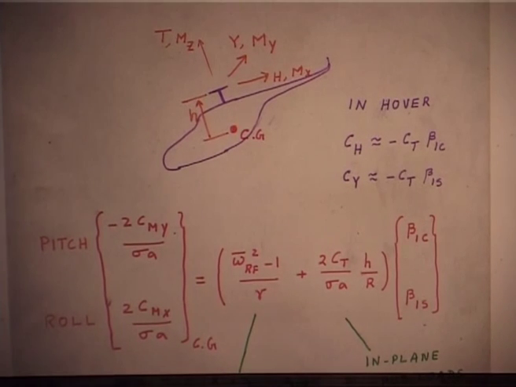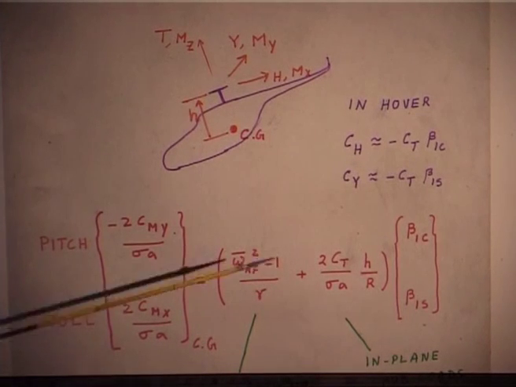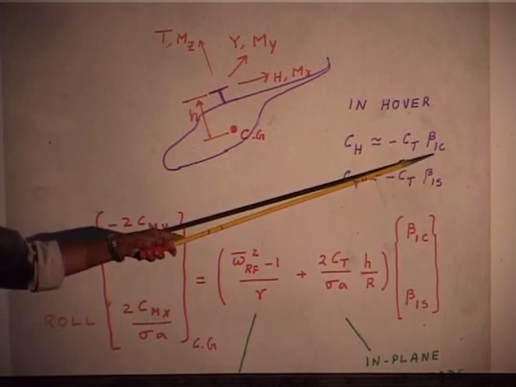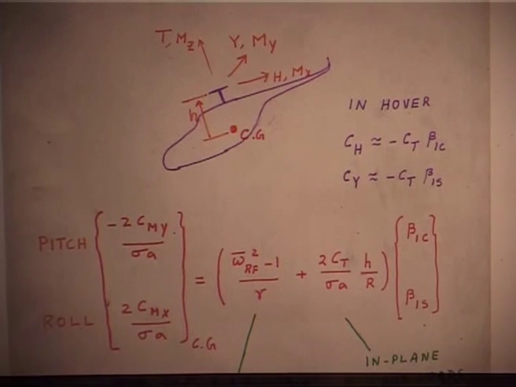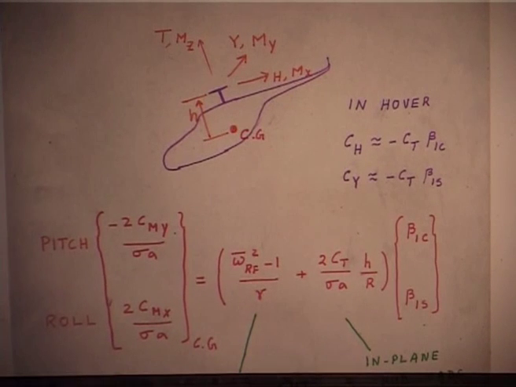You can say approximately that it is thrust into beta 1c, approximate, because you have to replace theta 1c with beta 1s, that kind of relation you have to use to get that approximation. This is obtained from that page which I gave you, that printout.